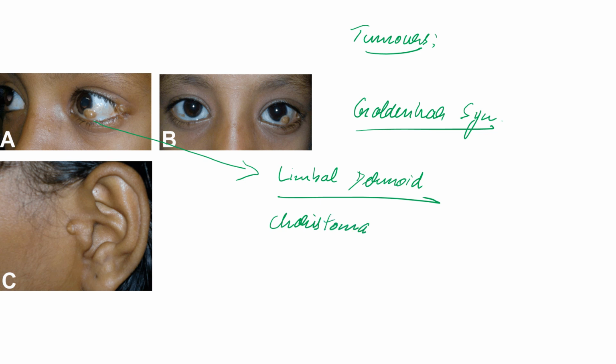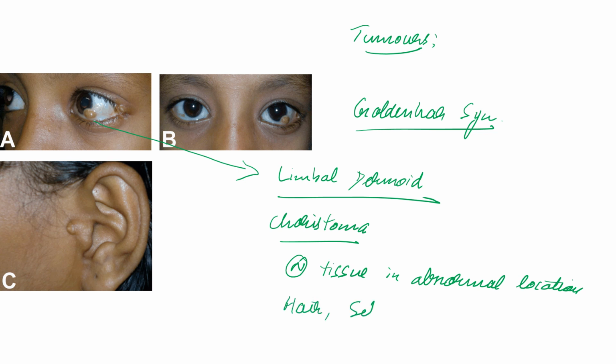A choristoma is normal tissue in abnormal location. So basically, in this case, there will be normal tissues like hair follicles, sebaceous glands, and keratin in an abnormal location like the limbus. This is an example of benign tumor of the sclera.